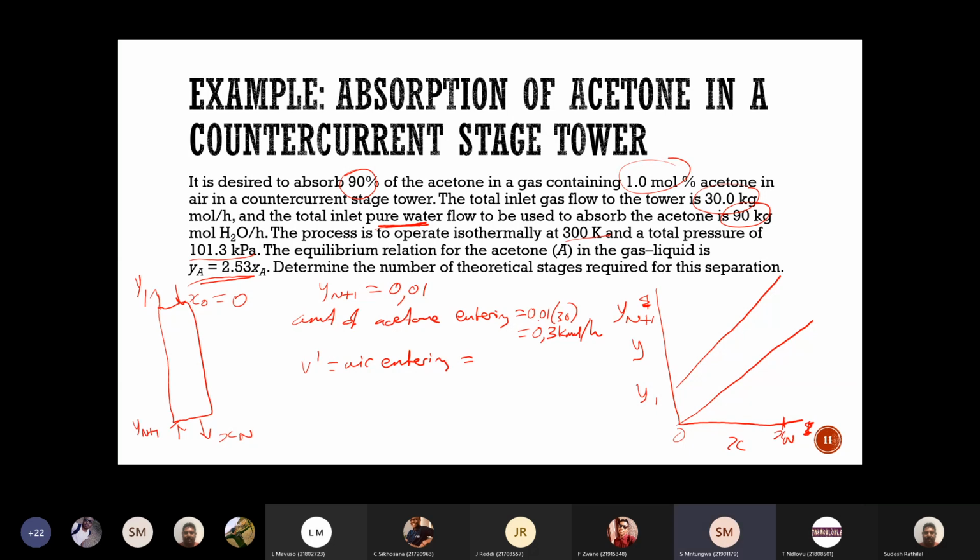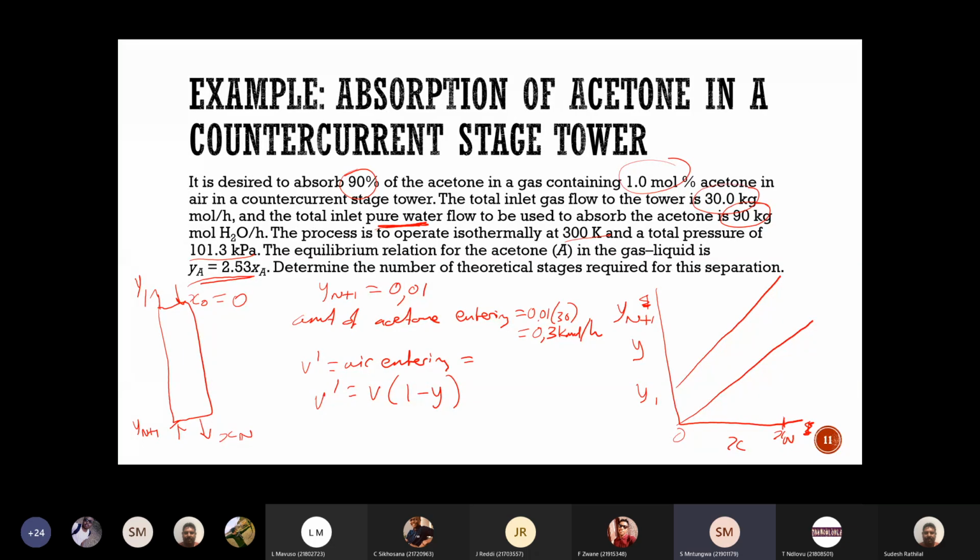In this case, we are told that it is pure air. Right, but where do you get 90 from? From the equation where V prime is equal to V times 1 minus y. So you're saying V prime equal to V into 1 minus y. Are you using that? Yes.